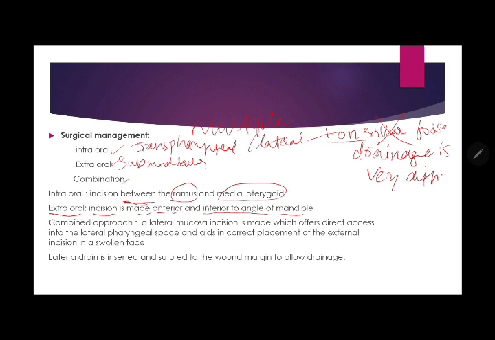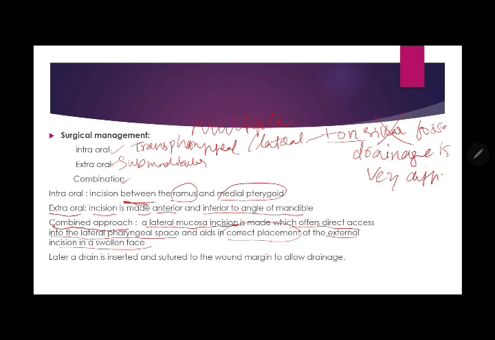And coming to the combined approach, in this combined intraoral and extraoral approach, the lateral mucosal incision is made which offers direct access into the lateral pharyngeal space and aids in the correct placement of the external incision in a swollen face.